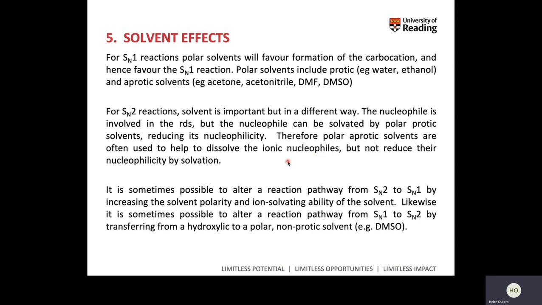So when we're doing reactions, it's often possible to literally swap the mechanism from being SN1 to SN2 and vice versa by changing the solvent in which we do the reaction. So if we wanted to have an SN1 reaction, supposing we wanted to make a mixture of enantiomers for our drug discovery process, we could do this in a polar protic solvent.